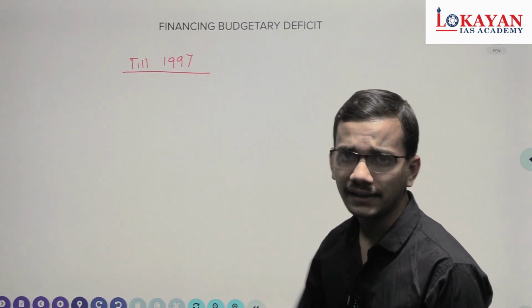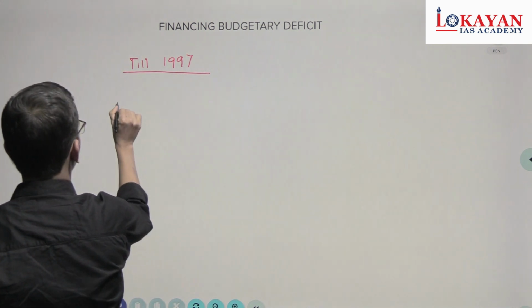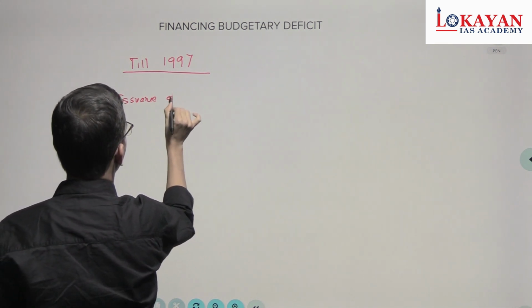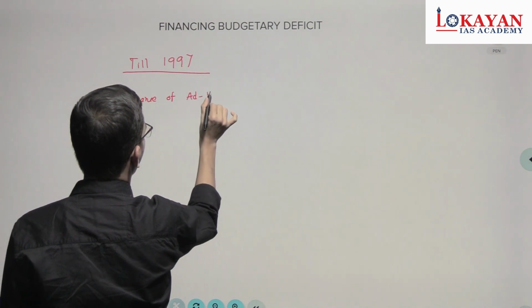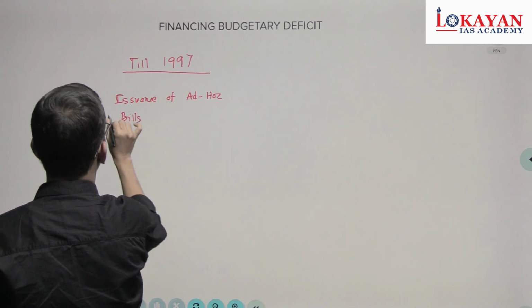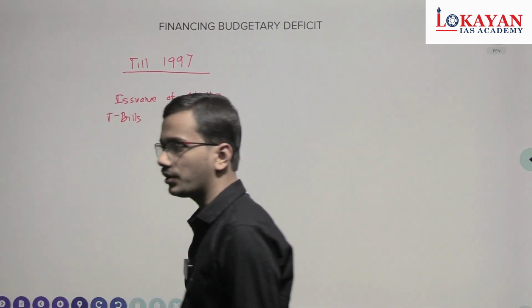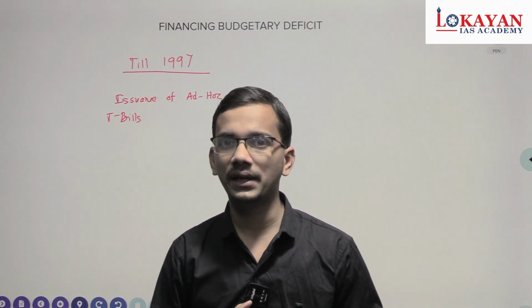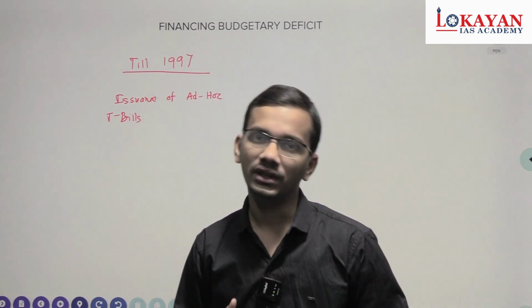See, till 1997, government used to finance the deficit through issuance of ad hoc treasury bills. Government used to issue ad hoc treasury bills and finance the deficit. So there wasn't any check on government's limit to borrow the deficits.